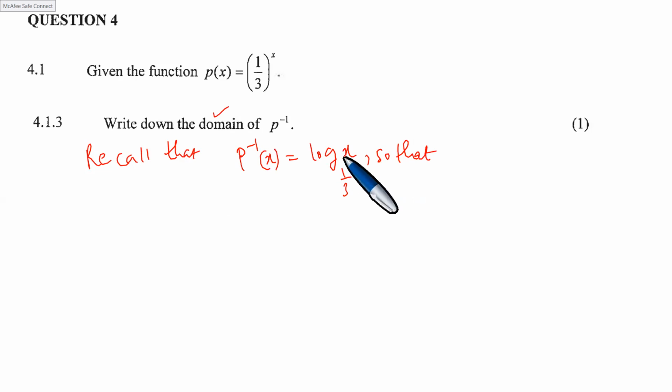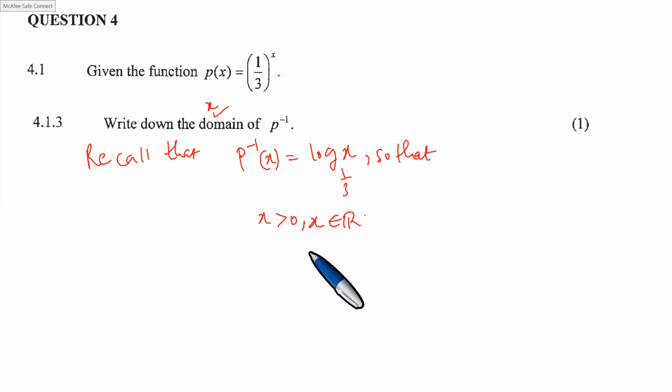The domain of the log. What is the domain of the log? The log is only real for the positive things. And the positive things, so the positive x values, so the domain has to do with the set of the x values. So x is positive, but x is an element of the set of real numbers. So this is the domain.